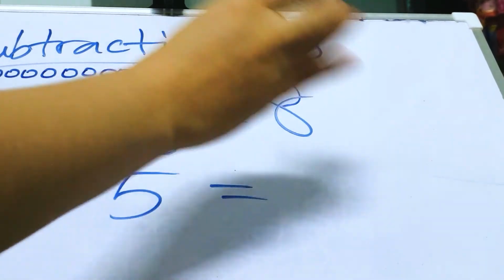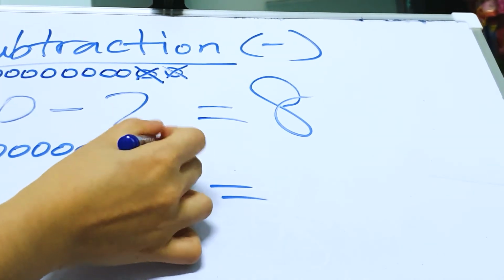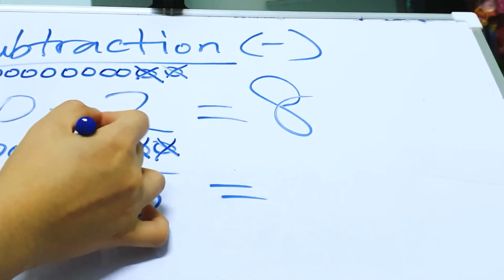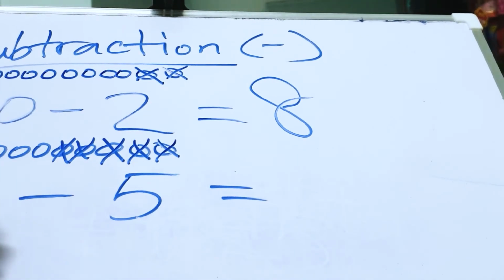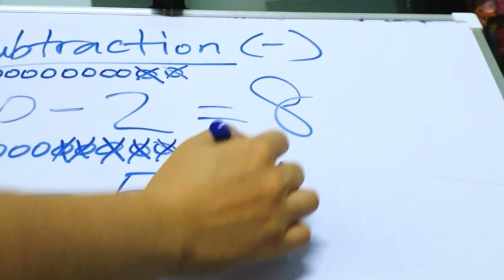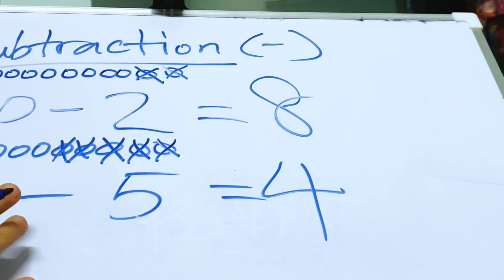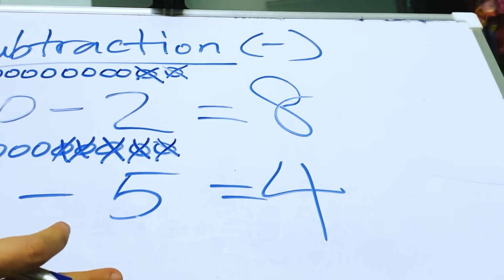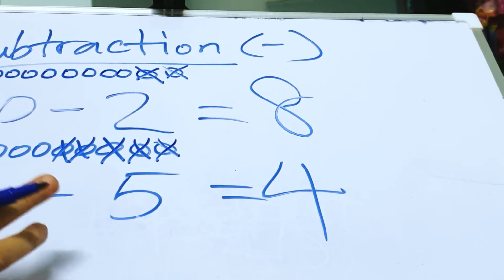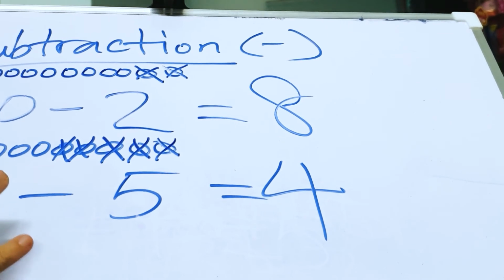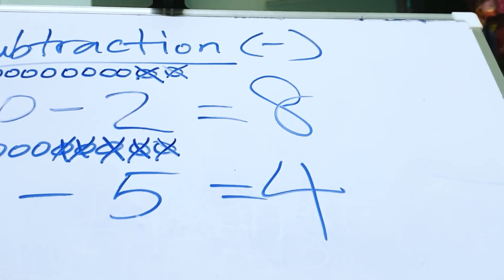So I have to give away 5 balls to my friends. 1, 2, 3, 4, 5. How many are left? 1, 2, 3, 4. This is for younger children to visualize, even for older children too, like 5, 6, and 7 years old, because some children still don't understand. So this is a very basic subtraction.